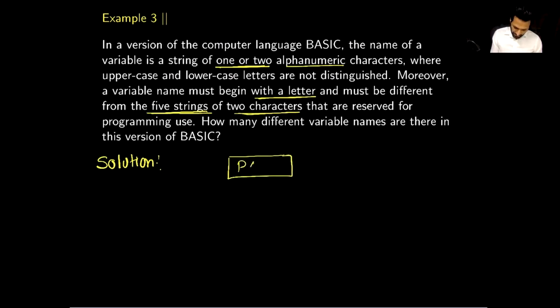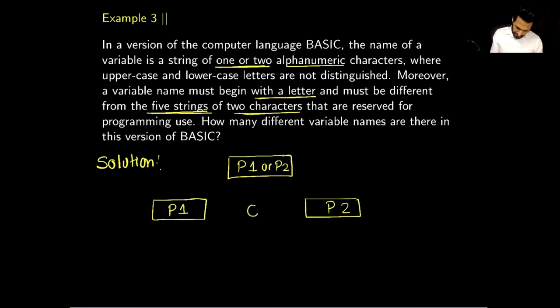It can be 1 character long or 2 characters long. So if this is a procedure, it means I need to complete 2 tasks. My first task will be that the string is only 1 character long, and my second task is that the string is 2 characters long.